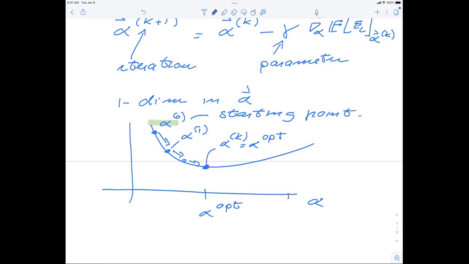Now, this starting point is often given by our guess about the system. That's why, when you're running this Monte Carlo calculation, the harmonic oscillator is so important. We have a system of particles trapped in a harmonic oscillator potential. They then interact, either with strong interactions or weak interactions. But in most of these approximations, we are assuming that the harmonic oscillator part is the driving part of the Hamiltonian.